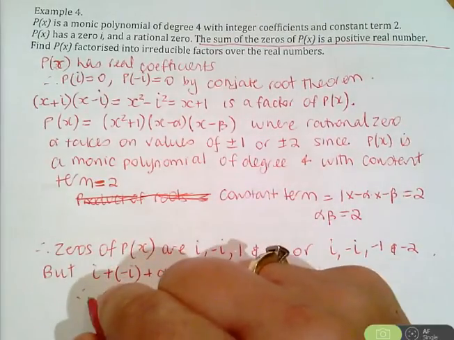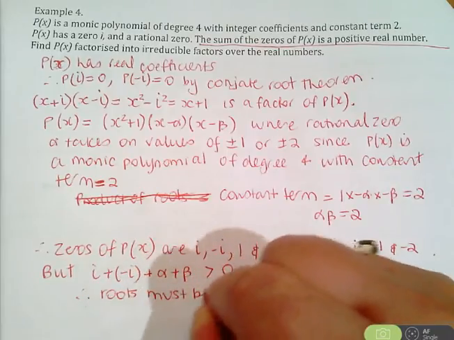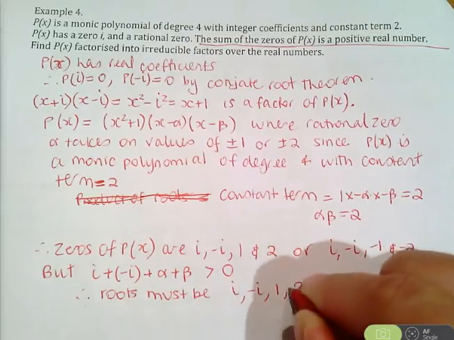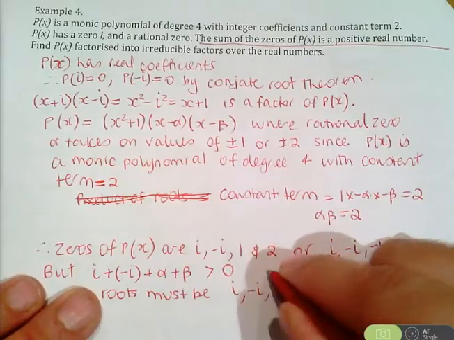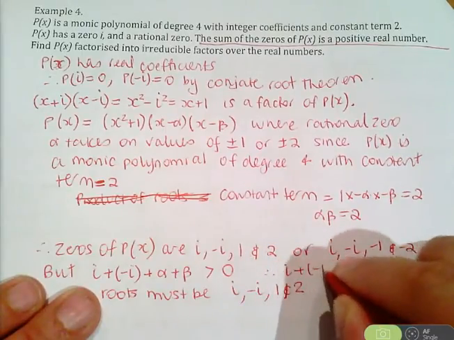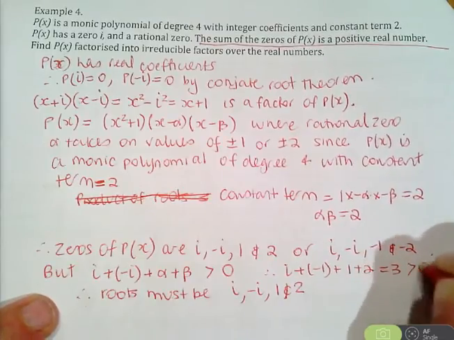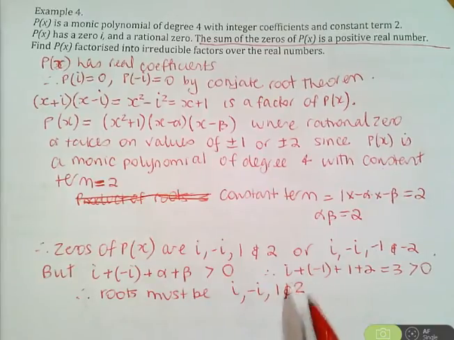So therefore, the roots must be i, minus i, positive 1 and positive 2, because the sum is i plus negative i plus 1 plus 2, which gives us 3, which is greater than 0. So the roots can't be negative 1 and negative 2.